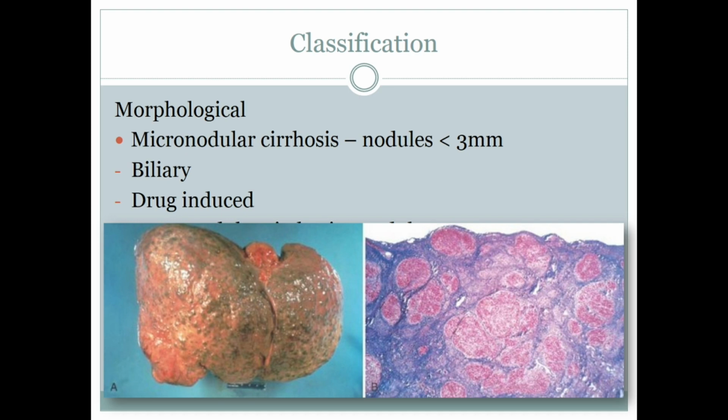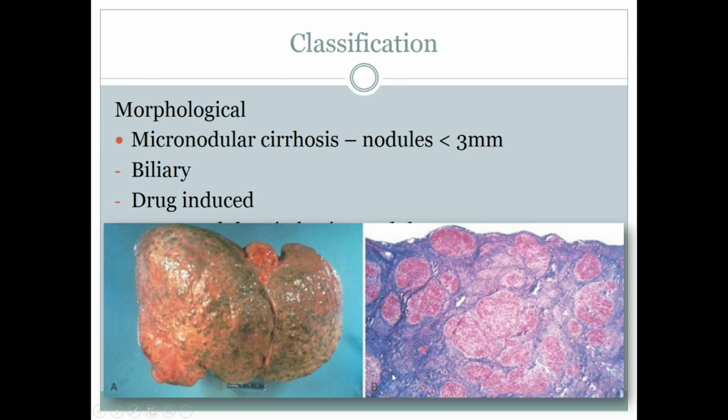But now if the architecture is totally transformed, where will the bile go? The biliary canaliculi are all blocked. So when they are all blocked, there will be bile lakes. Microscopically, you will see bile lakes, which is also cholestasis. Grossly, you will see the greenish tinge. This is because of bile stasis within the liver.